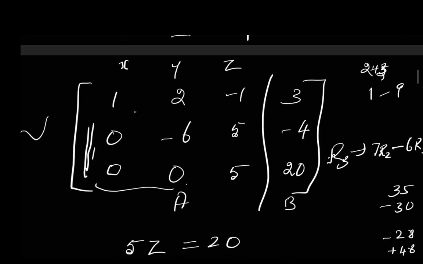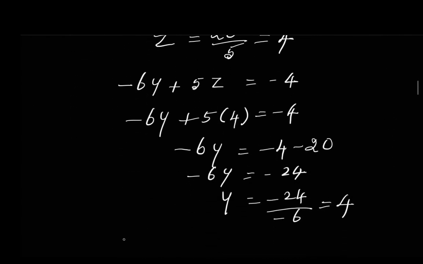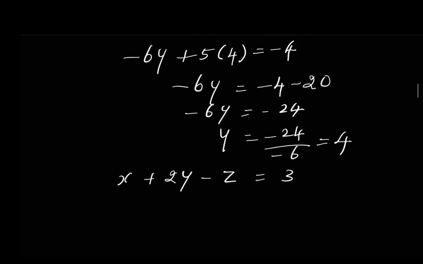Take the first row, 1x plus 2y minus z is equal to 3. Substitute the values. X keep as it is. 2 into 4 minus 4 is equal to 3.